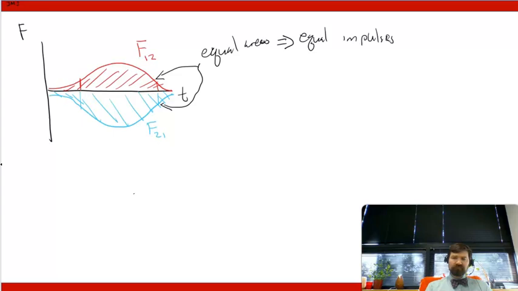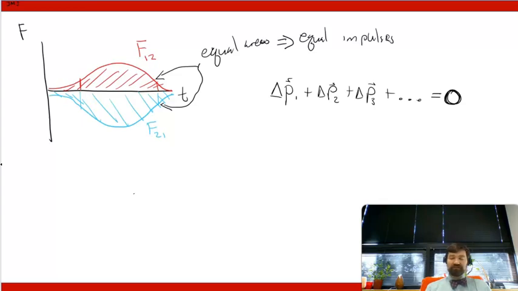Okay? So that in turn means that momentum changes, delta P for object 1 plus delta P for object 2 plus delta P for object 3 plus, and so on until we've got all the objects, must add to 0.